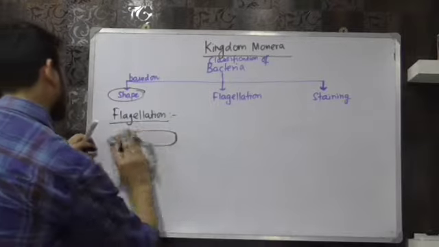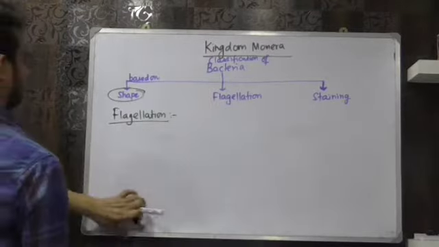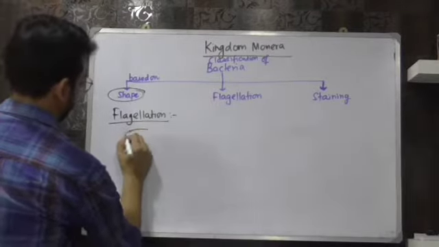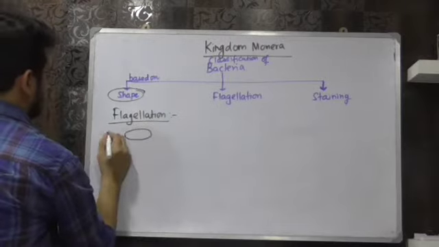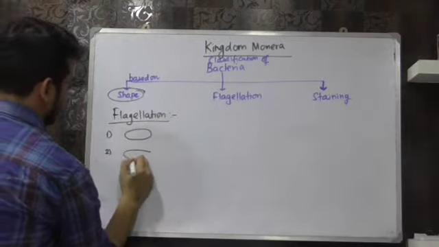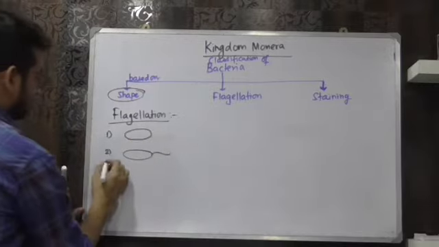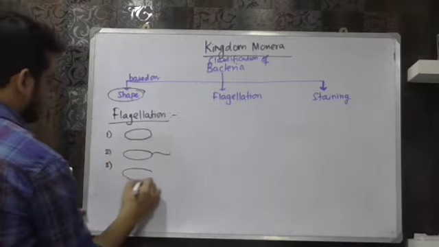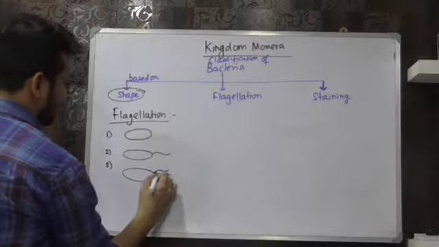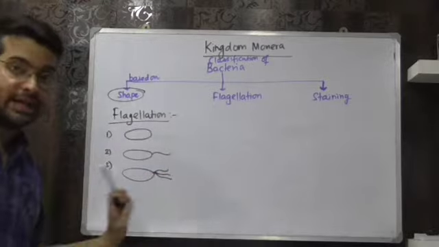Let's draw it. Suppose this is the first one, this is the second one, in which there is a single flagellum. In this, there was no flagella. The third one has a tuft of flagella attached at one end.